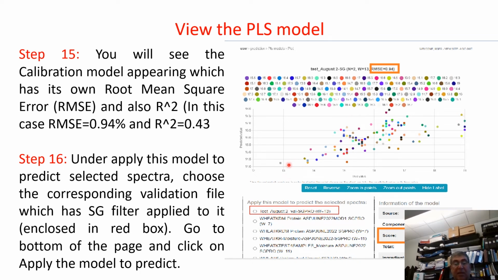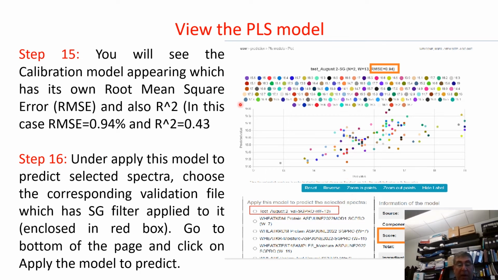It only uses the calibration model. We haven't applied this to the validation model yet. So it already has a RMSE, root mean square error, of 0.94, which is 1% roughly, and not that great. R square of 0.43 is at the bottom. This is for the model itself.